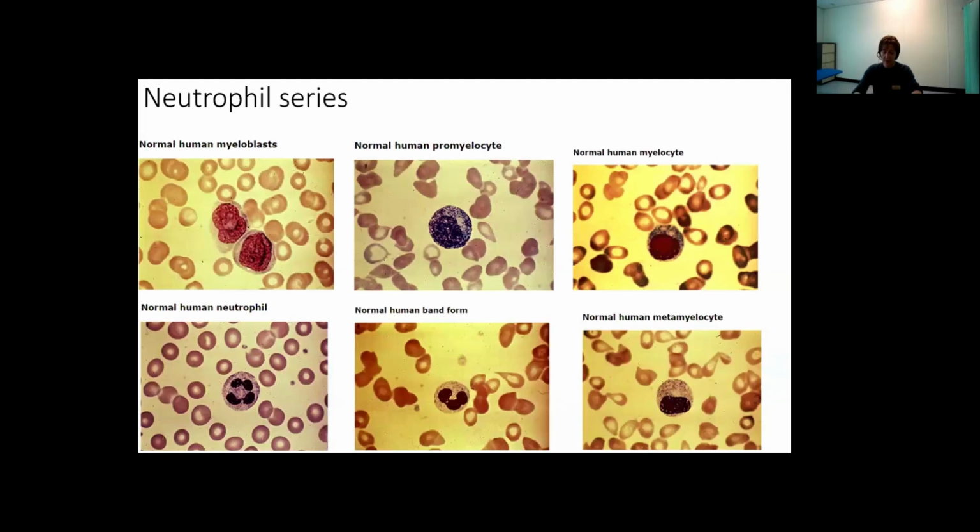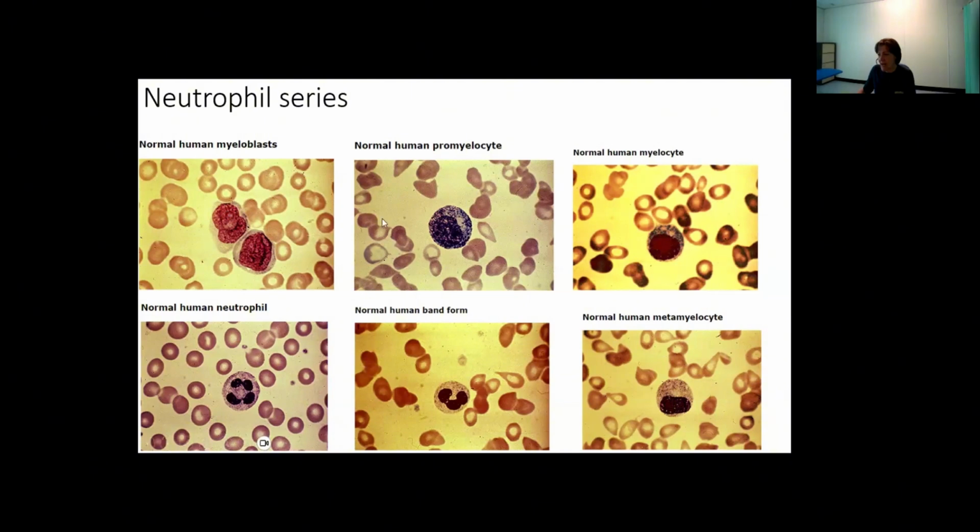So then just talking about the neutrophils. If you remember the scheme right at the beginning, I'm sorry about the color of these. They obviously haven't translated very well. They look like very, very old blood films, but they are pictures, so it shouldn't have changed. But anyway, if you go back to the diagram that I mentioned at the beginning, we're looking at the neutrophils, but then the neutrophil precursors.